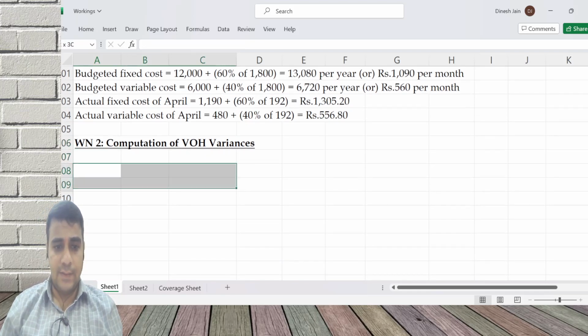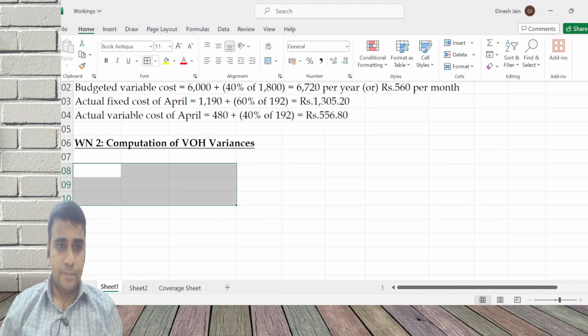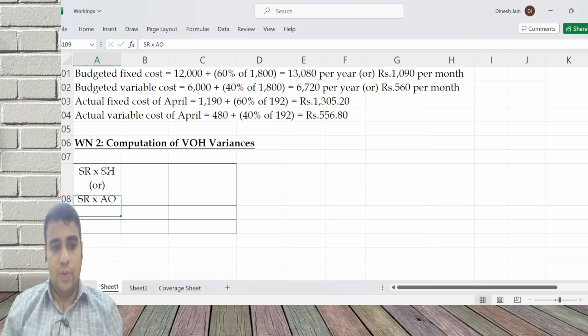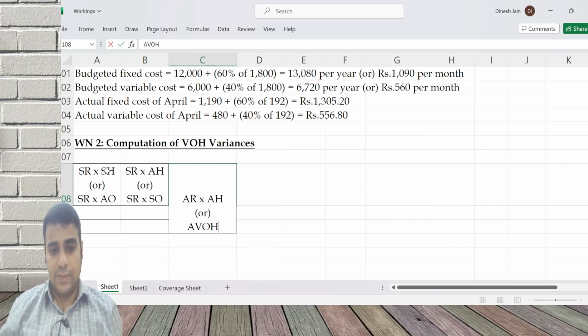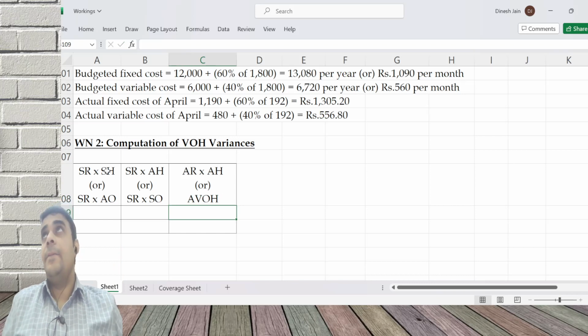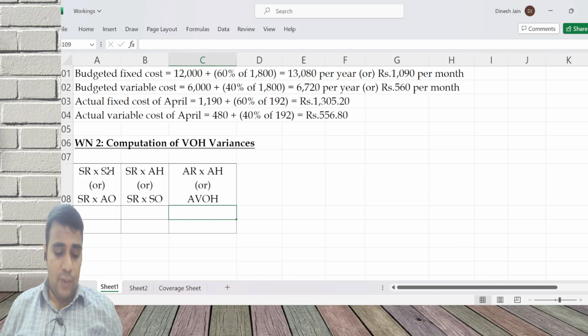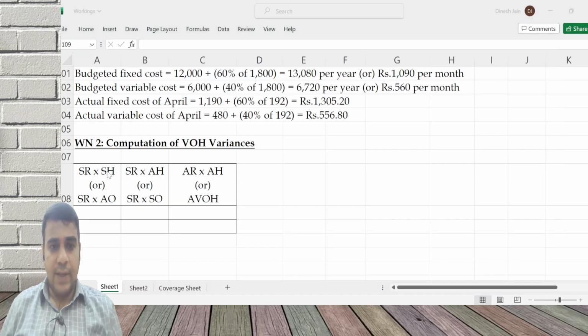Computation of VOH variances: SR into SH for SO, SR into AH for AO, SR into AH, SR into SO, AR into AH, or AVOH.